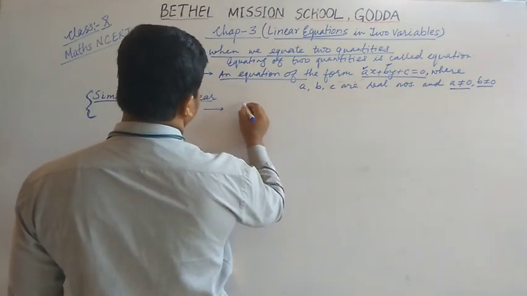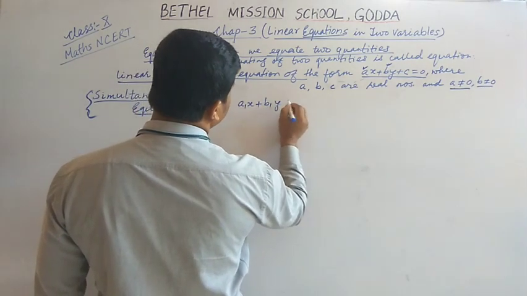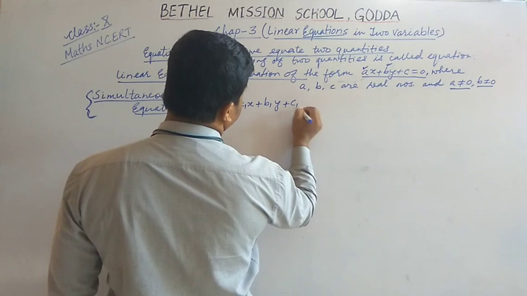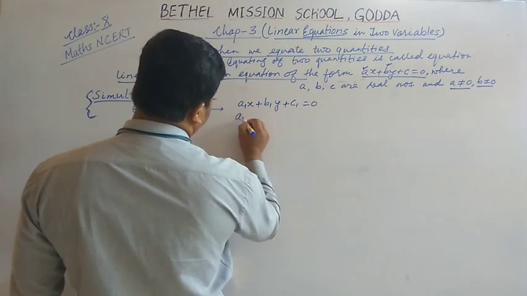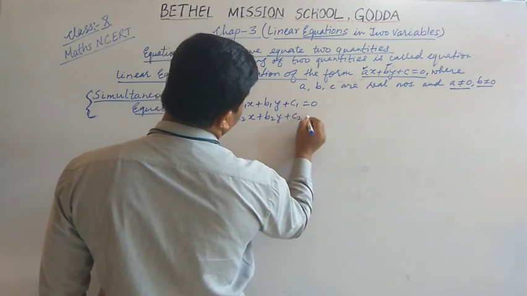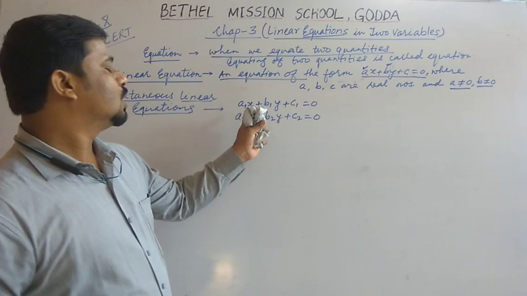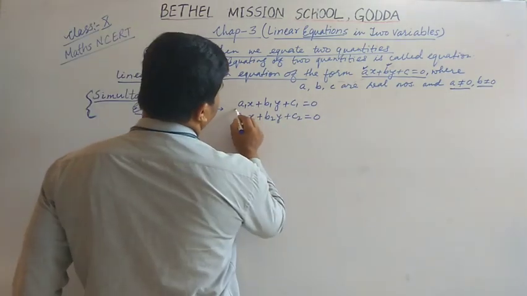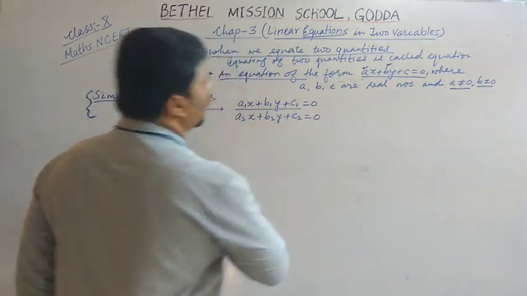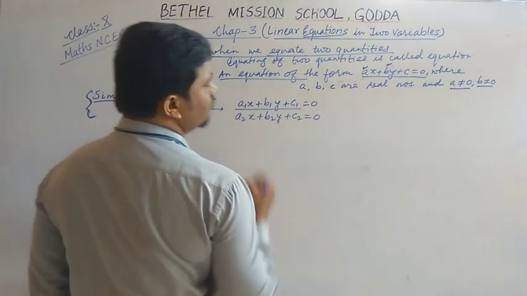Equations of the form a1x plus b1y plus c1 equal to 0, a2x plus b2y plus c2 equal to 0. You can see here I have written two equations, a1x plus b1y plus c1 equal to 0, a2x plus b2y plus c2 equal to 0.